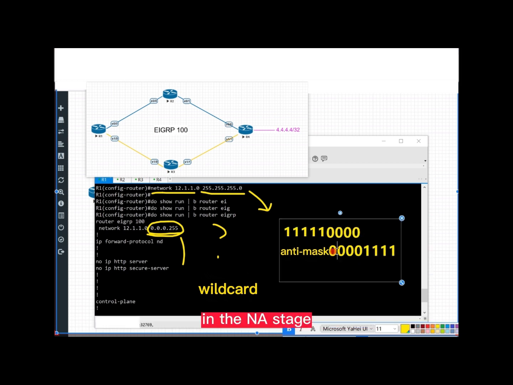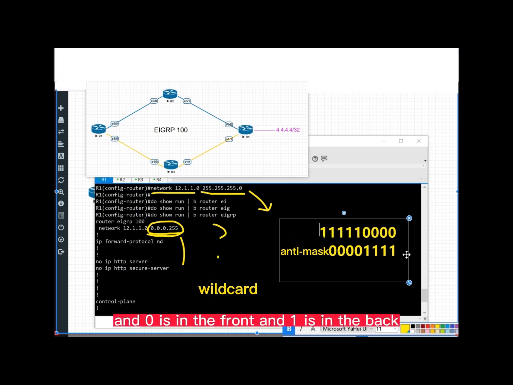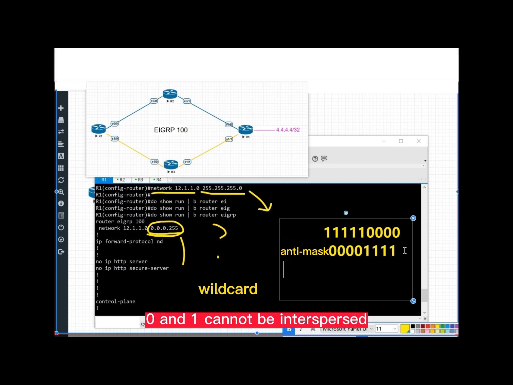At the NA stage, just understand it as an anti-mask. An anti-mask is consecutive 0s and 1s, with 0s in the front and 1s in the back. 0 and 1 cannot be interspersed. 0 means an exact match, and 1 means no match, that is random. This is called an anti-mask. It's the exact opposite of what we call a mask.